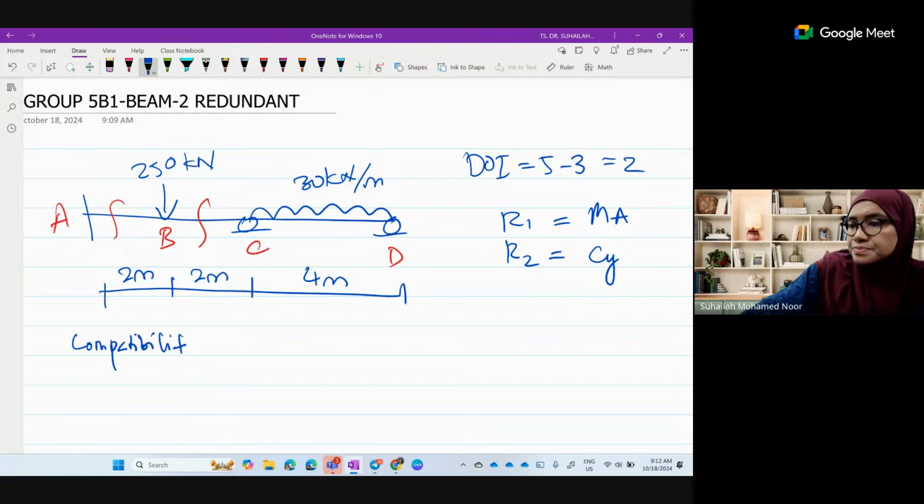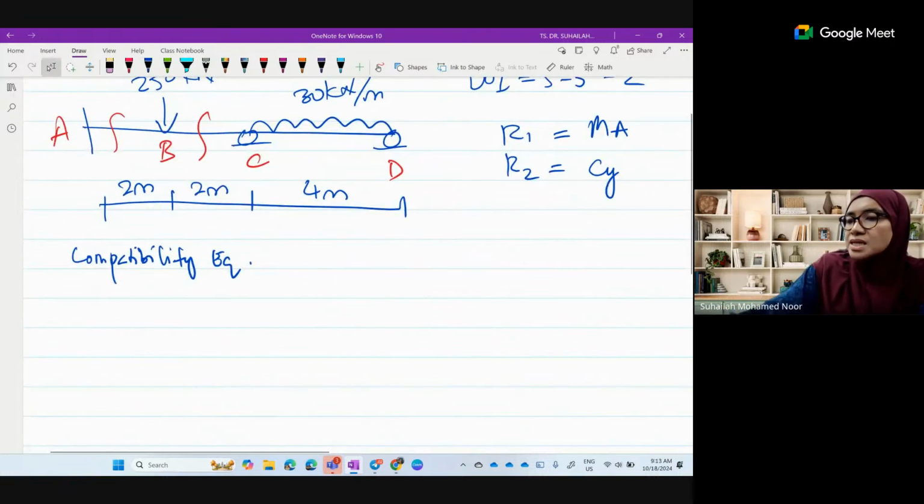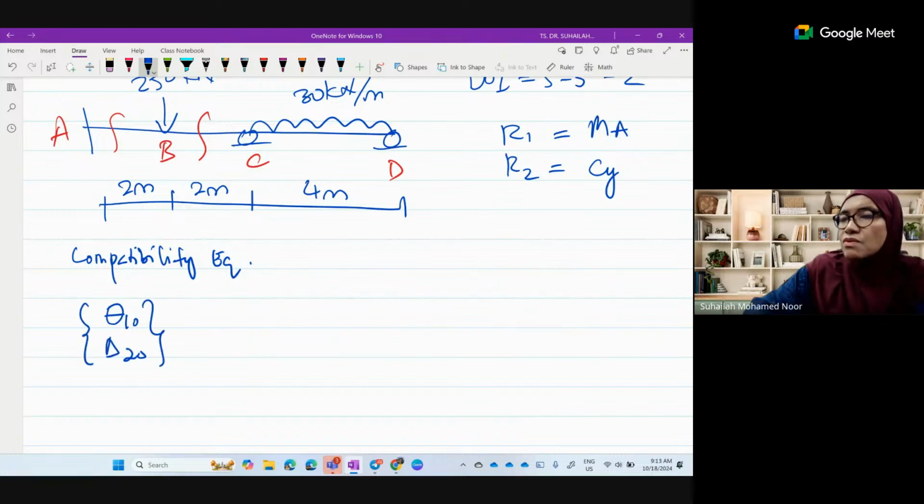So compatibility equation sini, kat sini is theta 1 knot delta 2 knot. So this is for the primary system plus, dia akan jadi 2/2 sebab 2 redundant.